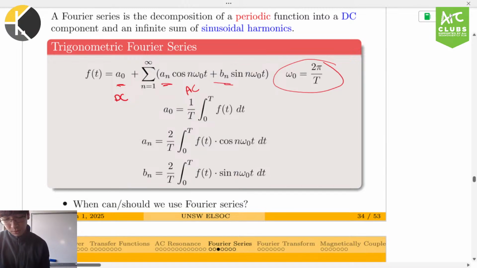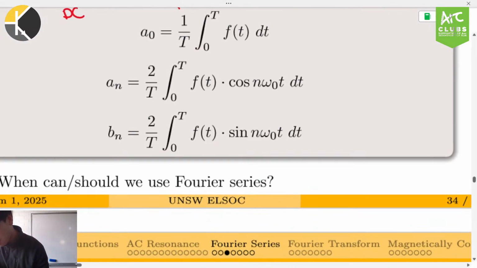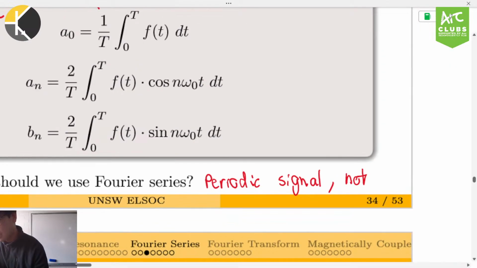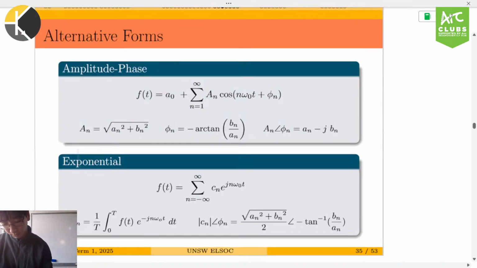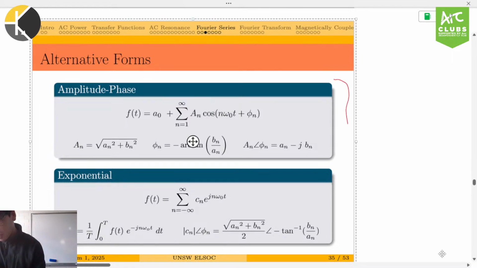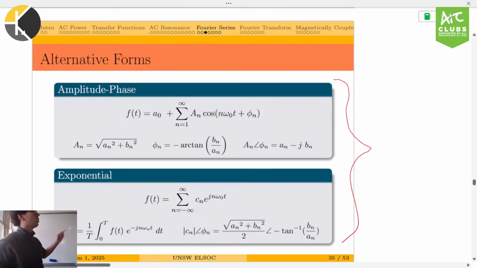When can and should we use Fourier series? Basically any time we have a periodic signal that isn't already AC, because the whole point of this is to convert it into something that is in terms of AC signals. We don't have time to do an example on these, but it is important to note the other forms of Fourier series.